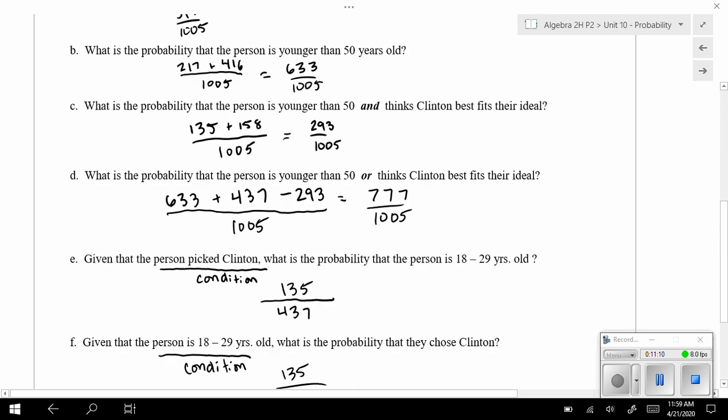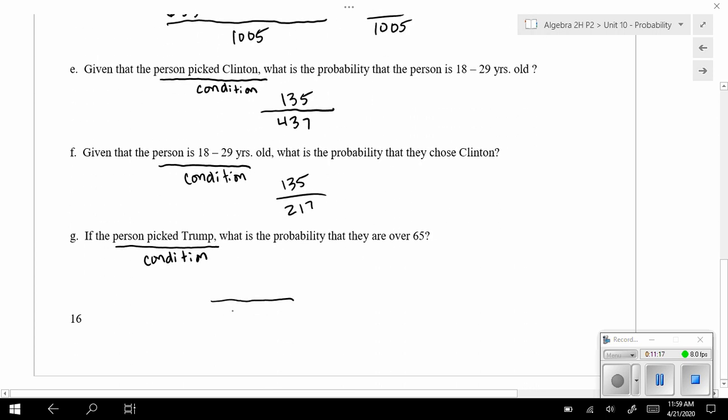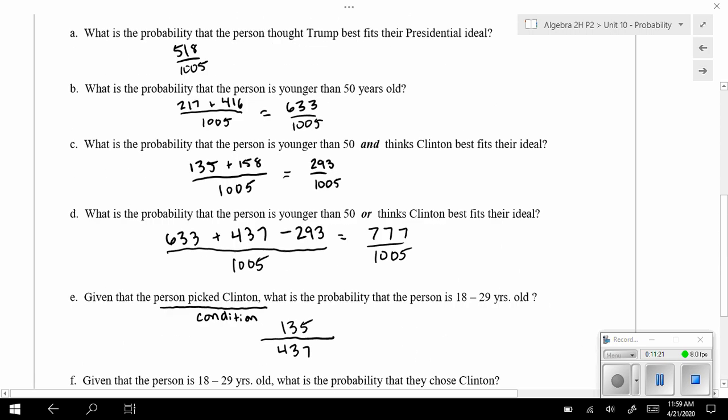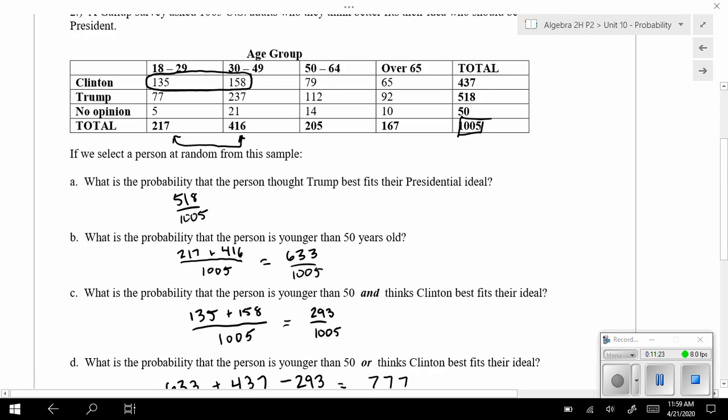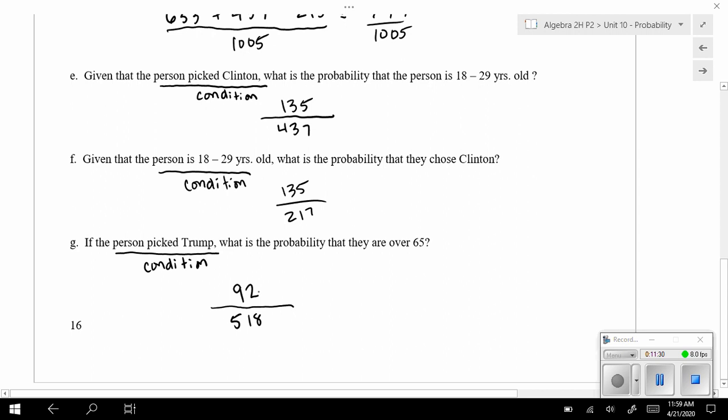So now we're going to go back and look at how many people picked Trump, and that'd be 518 as our denominator. So our condition gives us a denominator of 518. What is the probability that they are over 65? And of the 518, that would be 92 out of the 518.